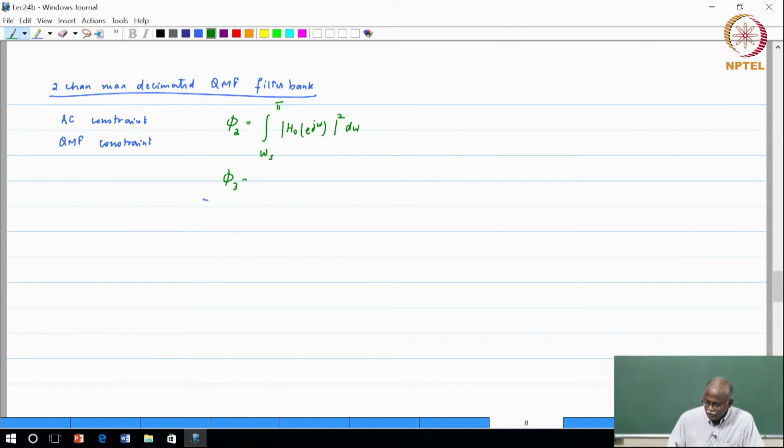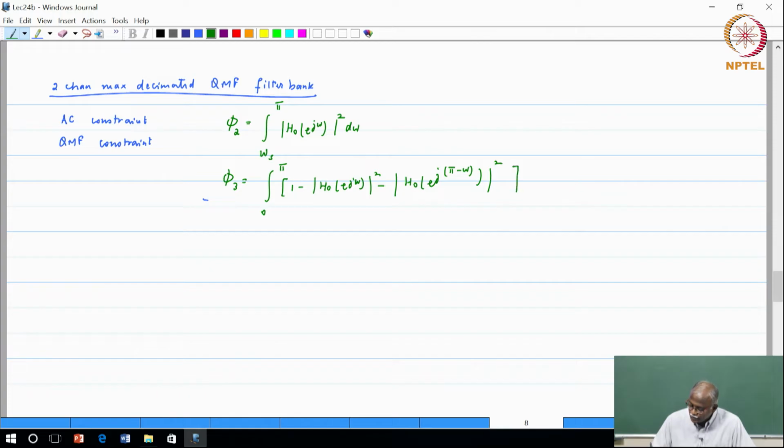Phi 3 is over the entire range from 0 to pi, of 1 minus mod h0 of e power j omega magnitude squared minus mod h0 of e power j (pi minus omega), or omega minus pi, it does not matter, whole squared, and this one whole squared.